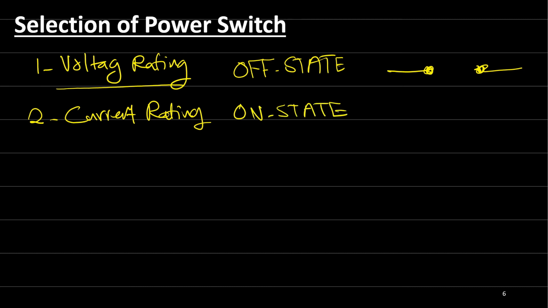When the switch is in the on state, it will be acting as a short circuit. So here, when this is a short circuit, when this is a wire, we need to know how much current this wire can tolerate. And when this is an open circuit, we need to know how much voltage this device can tolerate.